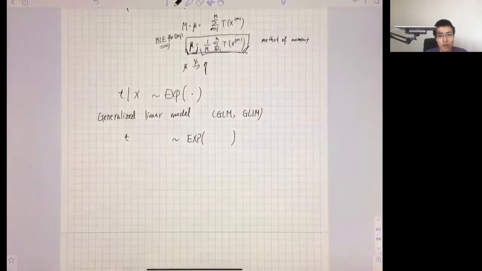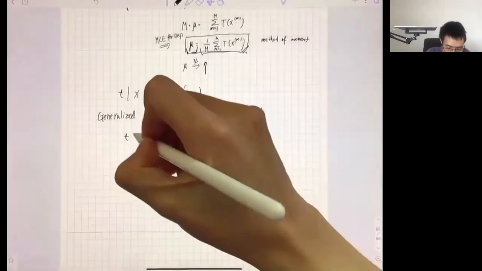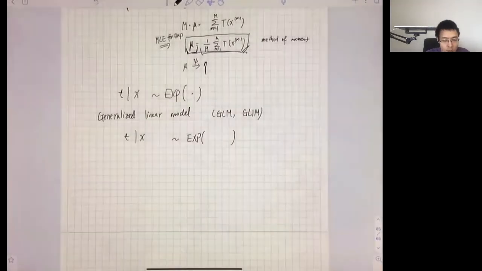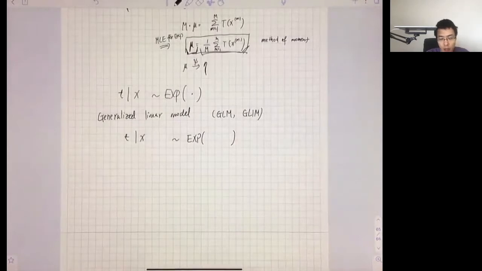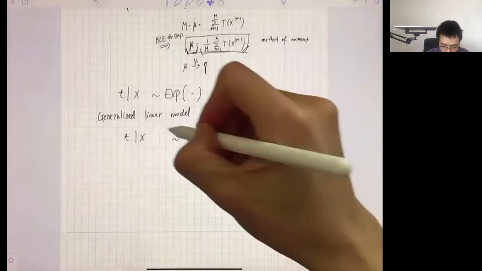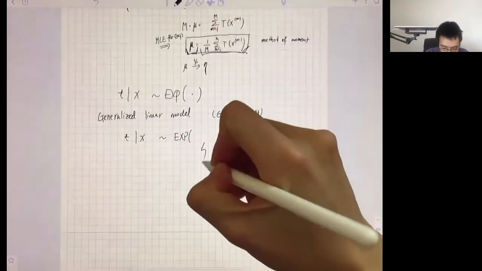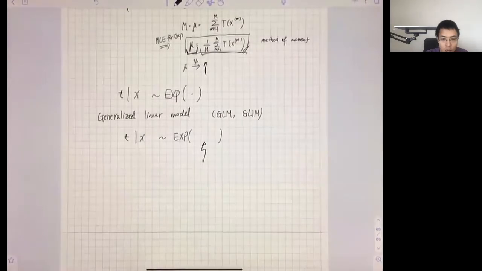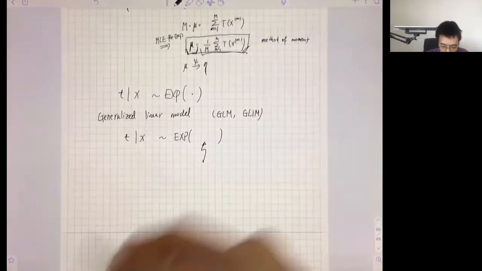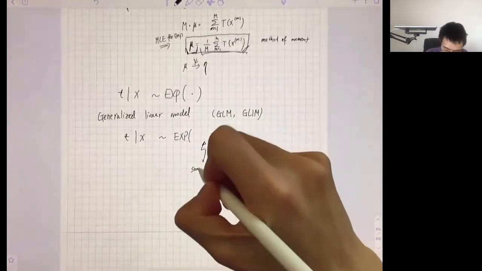The target really depends on the feature of the data sample. So I would say, given that data sample X, my target would be an exponential family, okay? And obviously, I would say the parameters of my exponential family must be some function of X, okay? Some function of X.